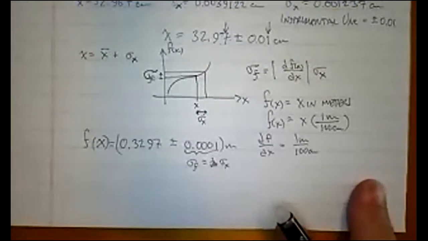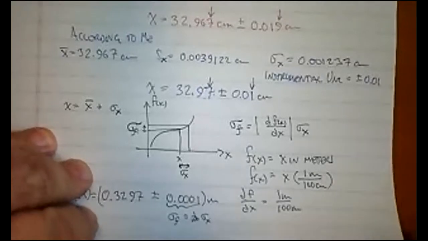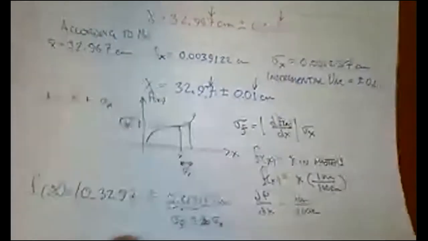Now that's what happens when you have a function of only one variable. But if you have a more robust function, like let's say the function v of x, y, z, where v is really the volume, then in general the uncertainty in f of x, y, z, and so on, is equal to the following.